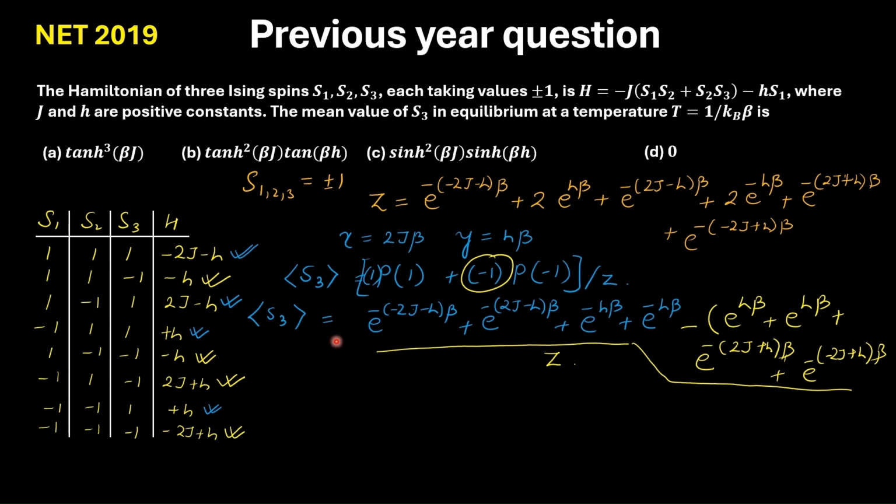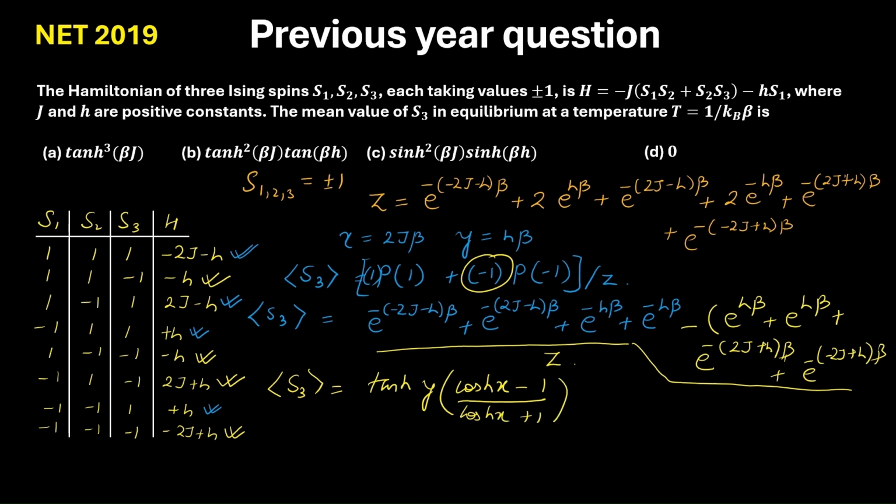Now, if you substitute this x and y here and do the manipulation, you can get S3. You can pause the video and do the manipulation, because you'll be able to take some terms common outside, and you'll get an expression like this: tanh y into (cosh x minus 1) divided by (cosh x plus 1).